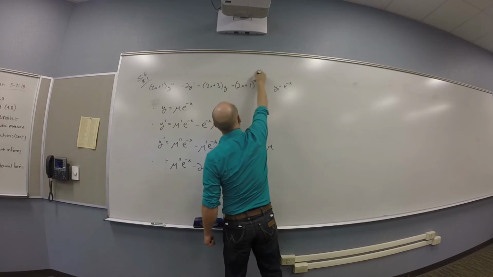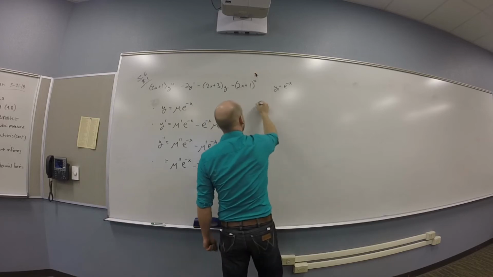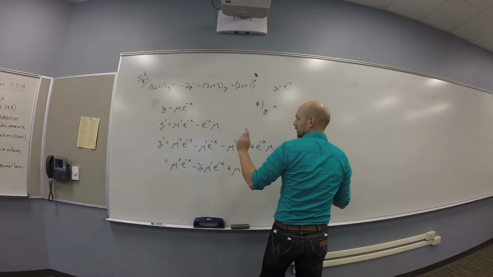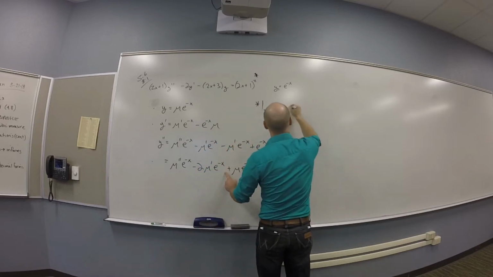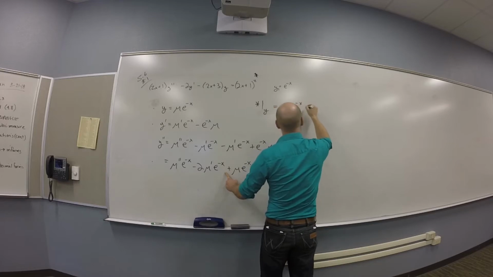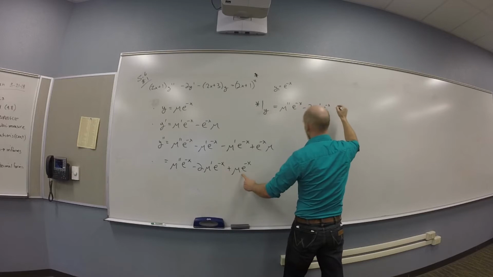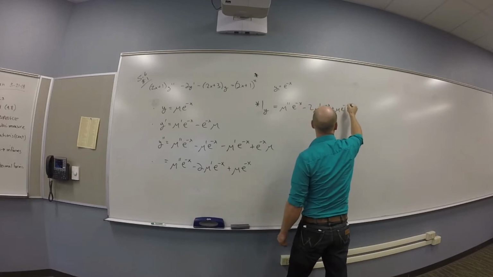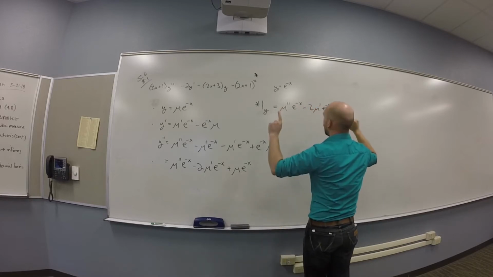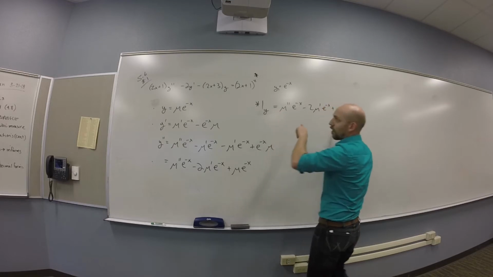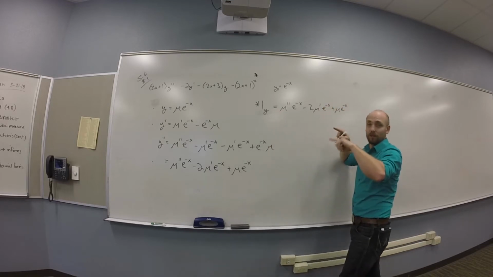So I'm going to call the original star. And then I'm going to say star evaluated at y becomes this whole business: mu double prime e to the minus x minus 2 mu prime e to the minus x plus mu e to the minus x. Oh, I needed all of that times 2x plus 1, right? Yeah.